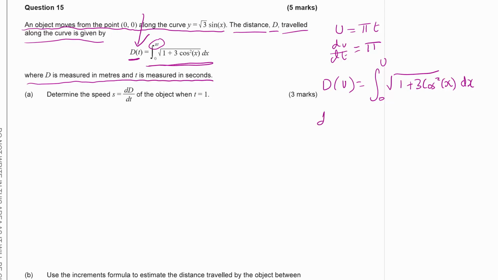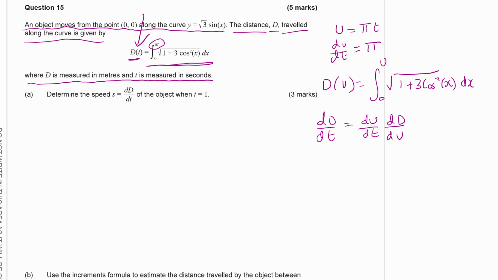And then if we're thinking about dd/dt, which would be v, that would end up being du/dt times dd/du.